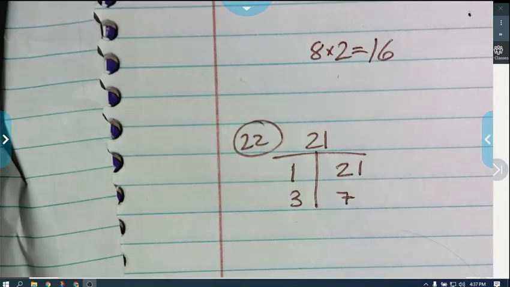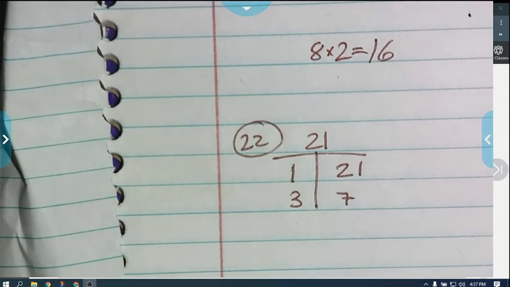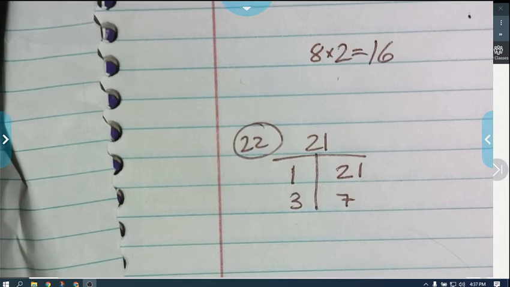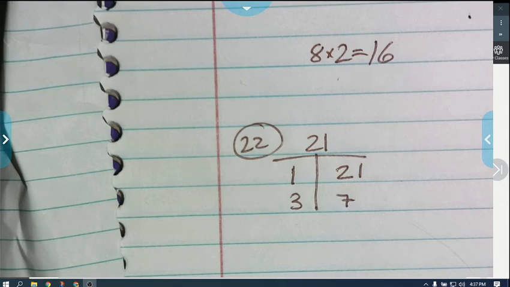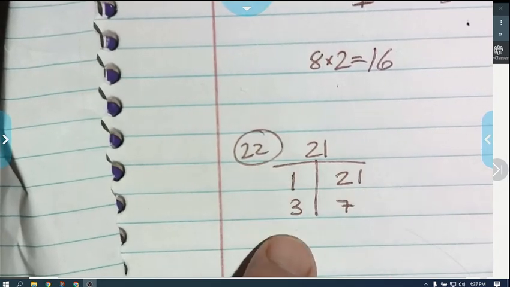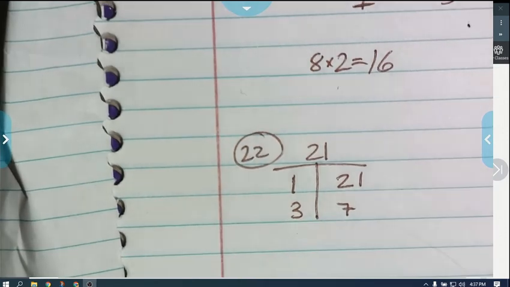That's it. So 1 times 21 and then 3 times 7. 2 is not going to work because it's not an even number, so I knew to skip 2. So I asked myself, is this prime or composite? Well, it has more than just 1 and itself as factors. It also has 3 and 7, so it is a composite number.